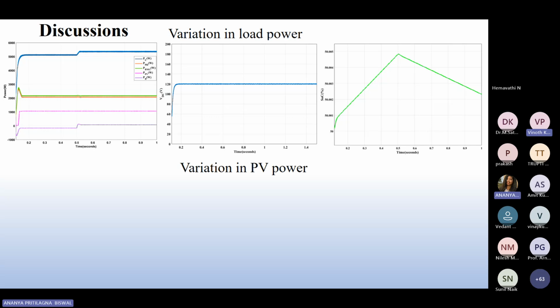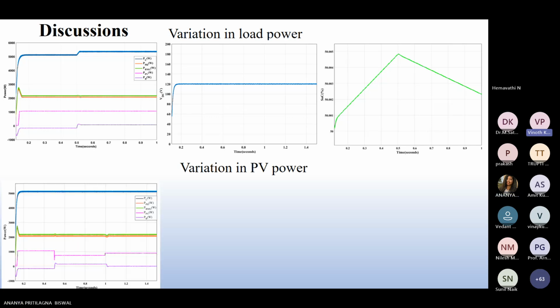Now the variation in PV power. If we vary the PV power while all the other parameters are maintained constant, the PV power is the pink one. So this is given by the battery power, which is to satisfy the demand, which is constant here in this case.